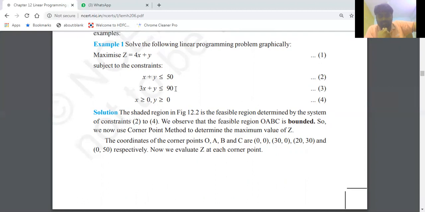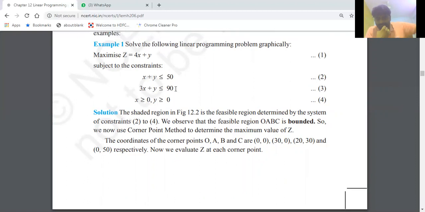Solve both. Second equation minus first equation: 90 minus 50 is 40, y cancels, 3x minus x is 2x. 2x equals 40, x equals 20. Whenever x equals 20, y value is 30. Finish. 20 comma 30 is the answer.